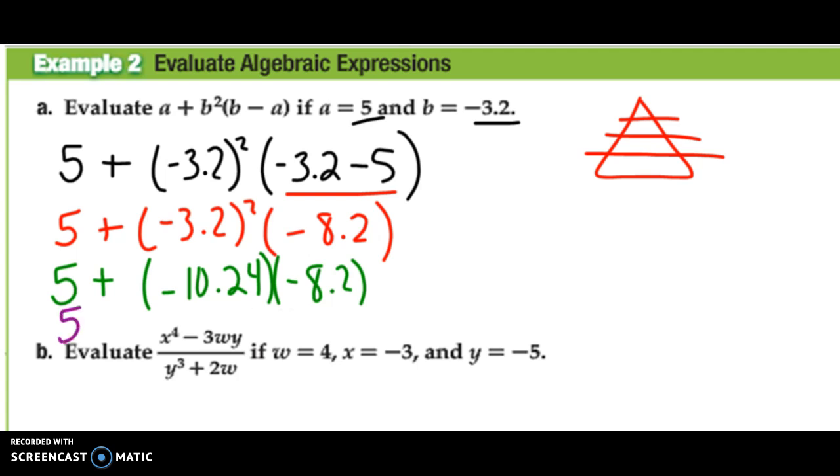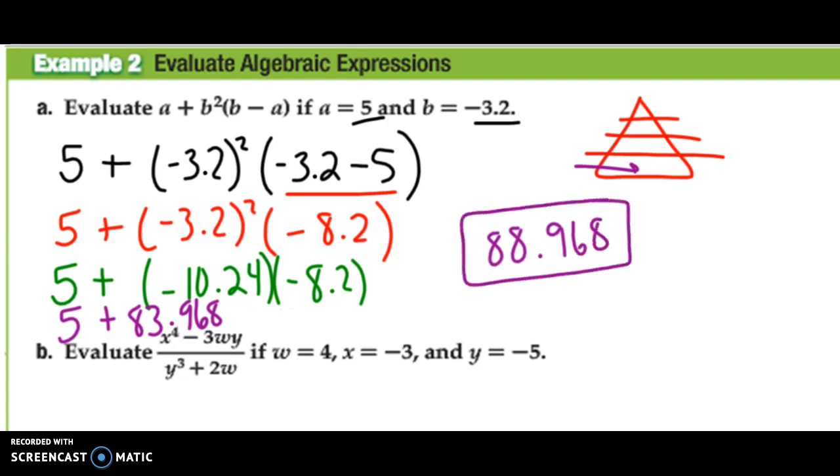So I'm going to get 5 plus negative 10.24 times negative 8.2. I do it on my calculator, and I get 83.968. So I add those together, my last and final step, and I get 88.968 as my final answer. Letter B.